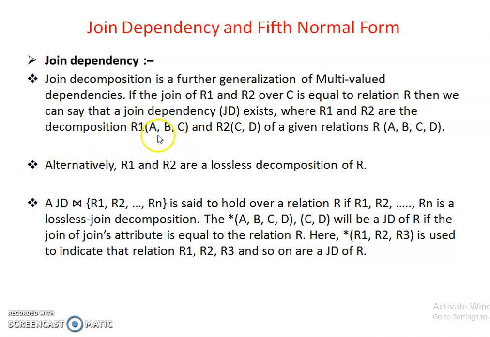It means that R1 holds the attributes A, B, C and R2 holds the attributes C, D of the given relation R(A, B, C, D).